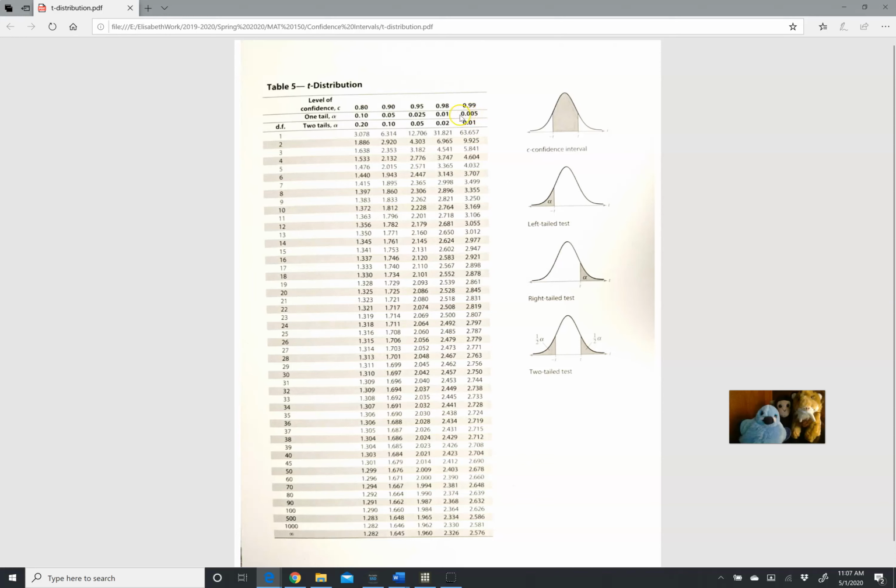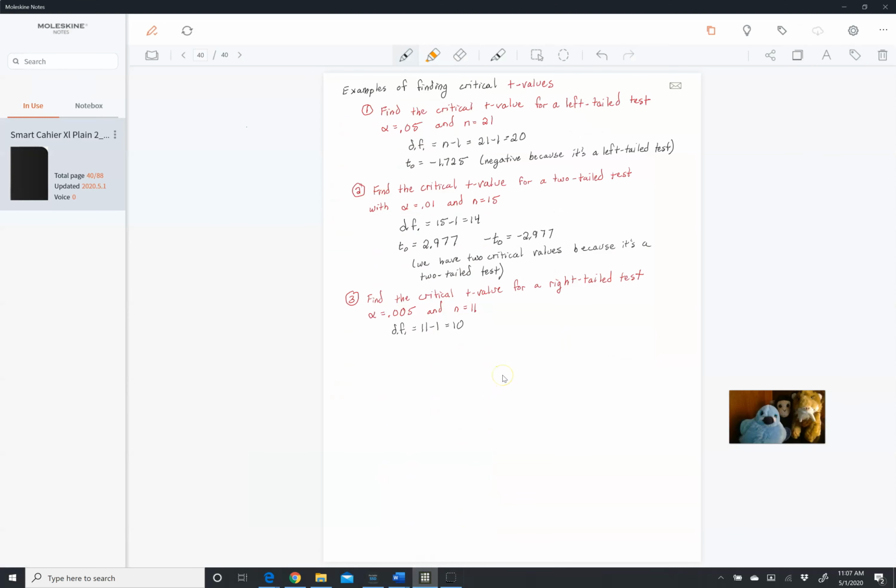Then we go down to the row for degrees of freedom 10, and we get 3.169. This is a right-tailed test, so that 3.169 remains positive. So t sub 0 equals 3.169, positive because it's right-tailed.